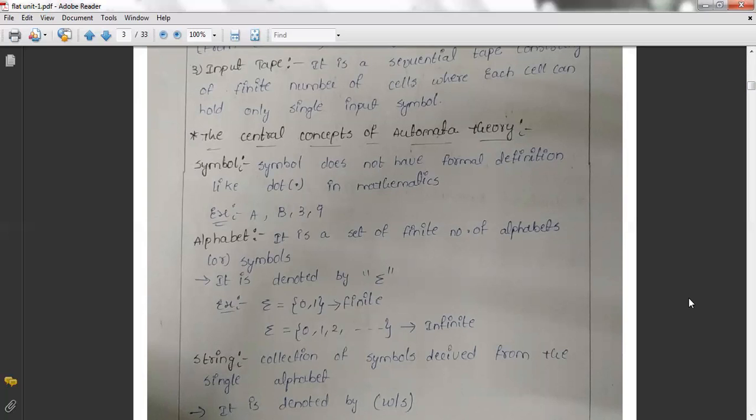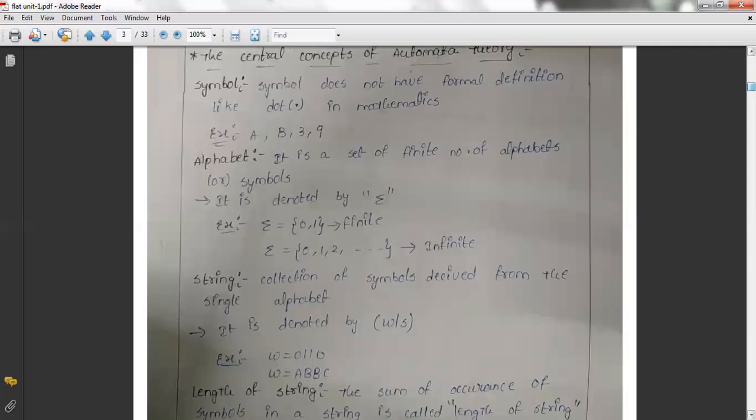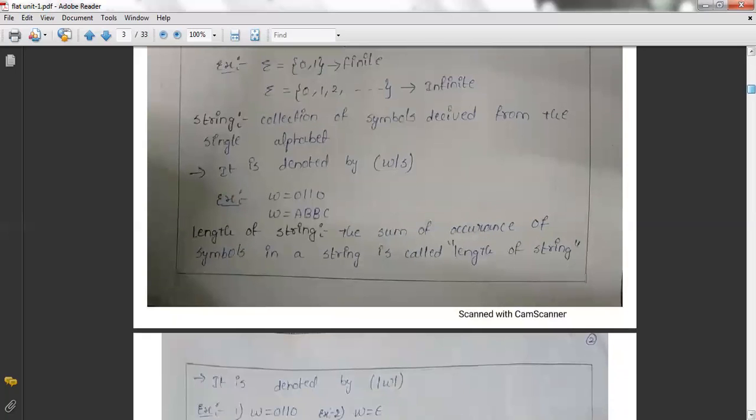Whereas coming to the string, what is meant by a string here? It is a collection of symbols which is derived from the single alphabet.